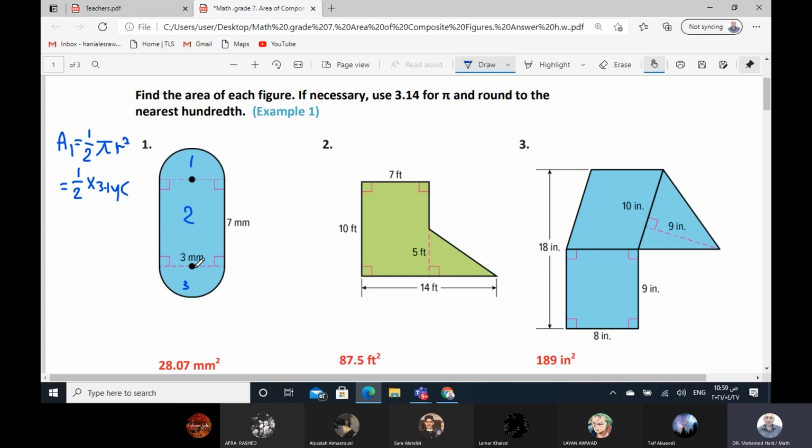As you see, this line equals this line. Here the center of the semicircle, the diameter 3 millimeter, means the radius, the half of the diameter. It means 3 over 2. 3 over 2 means 1.5. Squared.